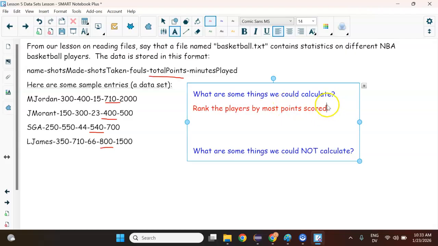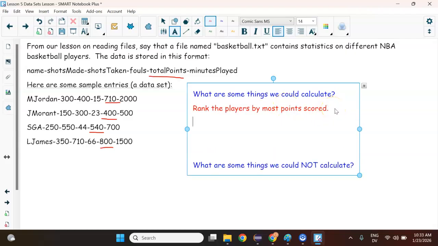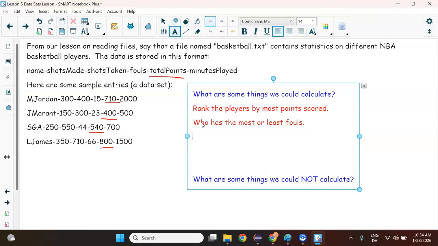Let's see if we can get a couple more things in here that we would know. Another simple one would be who has the most or least fouls in their career. We could calculate that because we have the foul data right there.